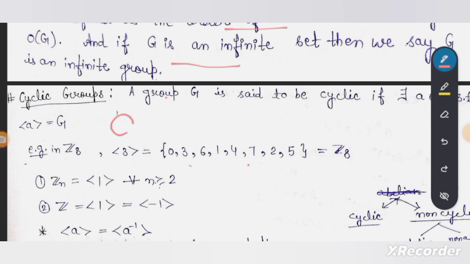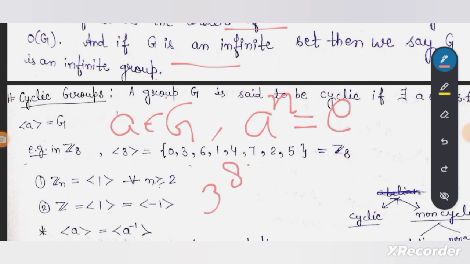If A belongs to G, then the order of the element A is the least power n such that A to the power n is equal to e. Here 8 is the least power of 3 such that 3 to the power 8 is equal to 0. 0 is the identity of Z8.